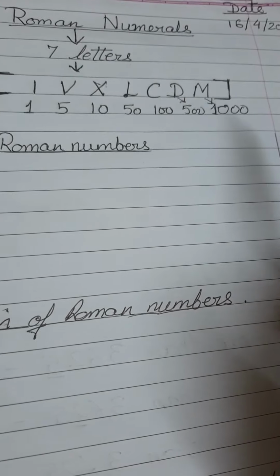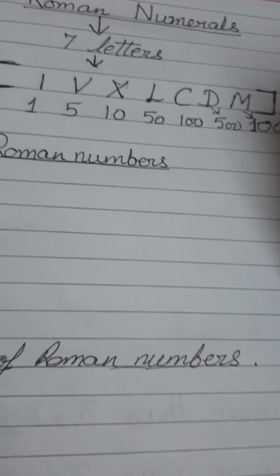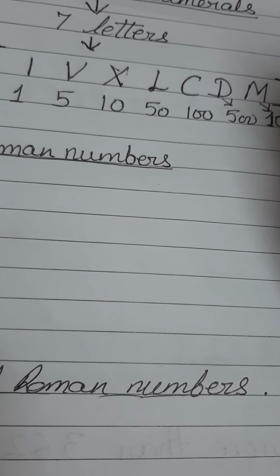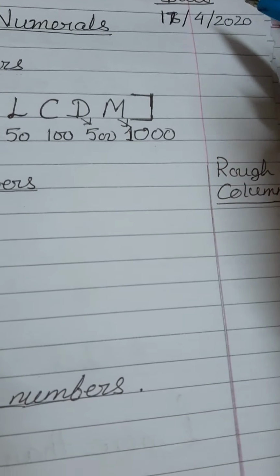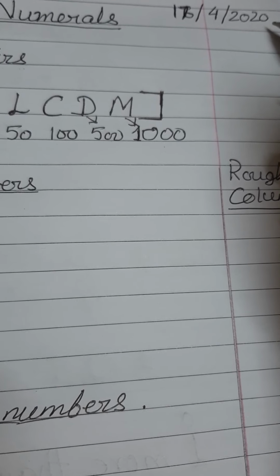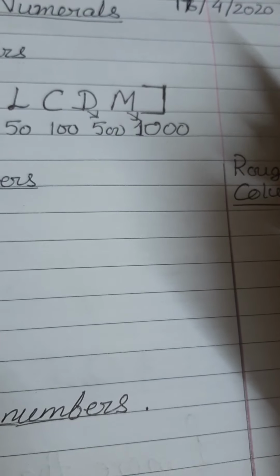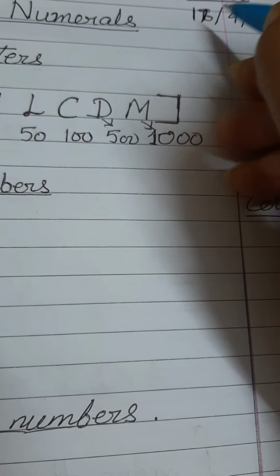What is the date today? Today's date is 17/4/2020. So we are going to write the date in Roman numbers. How do you write 17?